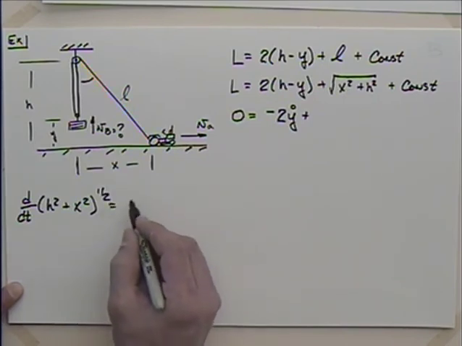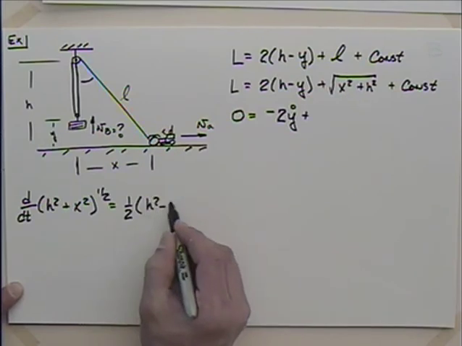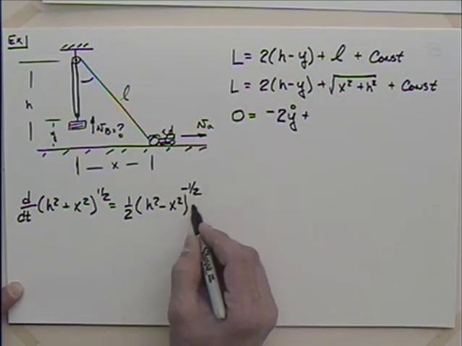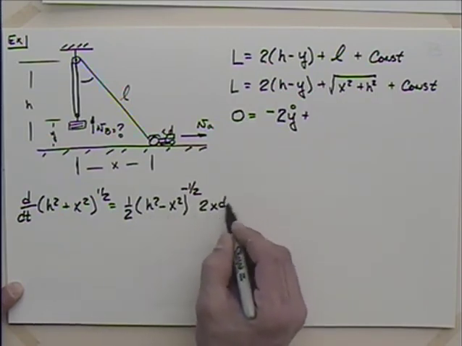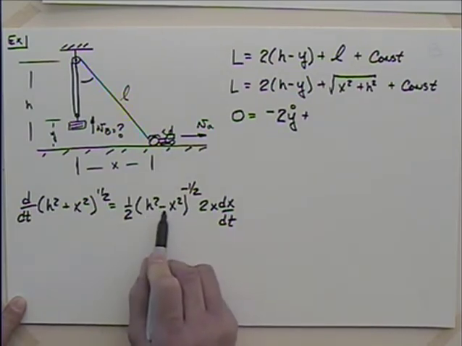That's the square root, right? So I put the power down there, and then I have h squared minus x squared to the minus 1/2, and then I have to go inside that, don't I? I'll have 2x dx dt. So we had to combine how to take the derivative of something that's to a power.